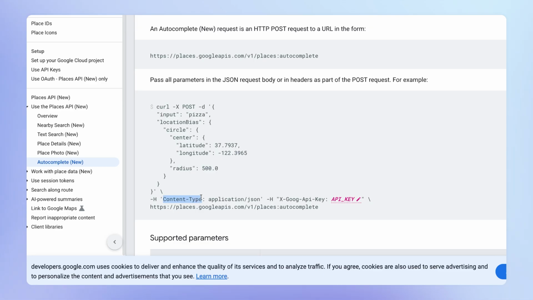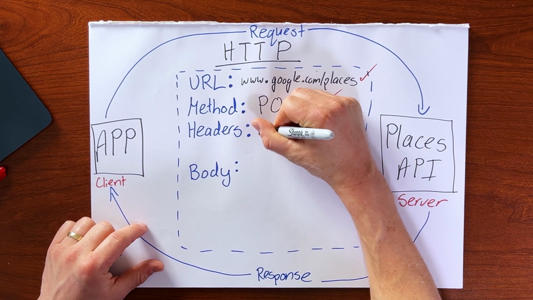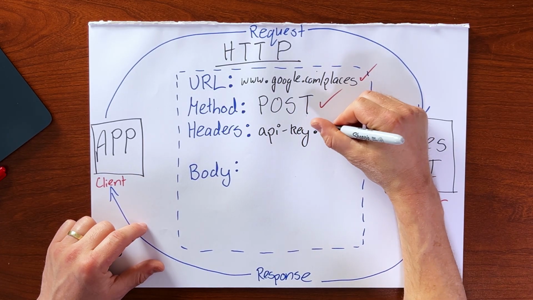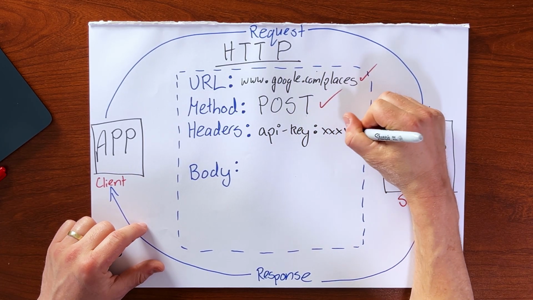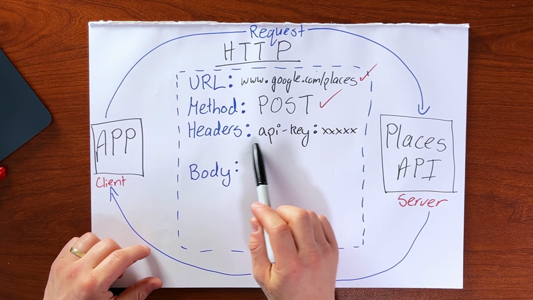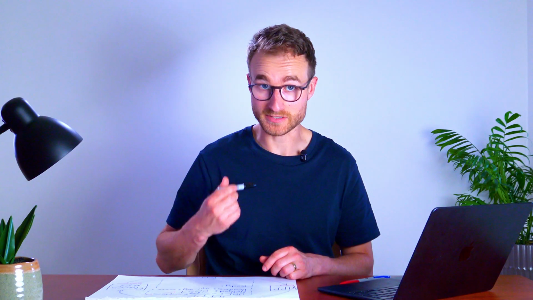So that's what we've got here as well. And I'm just going to add one of them here for simplicity. We've got our API key header, and then this is going to be some value that we're yet to fill out. And spoiler alert, this is the equivalent of adding in our debit card and our PIN into the ATM machine. This is how we're going to identify ourselves, our application rather, with the Places API of Google.